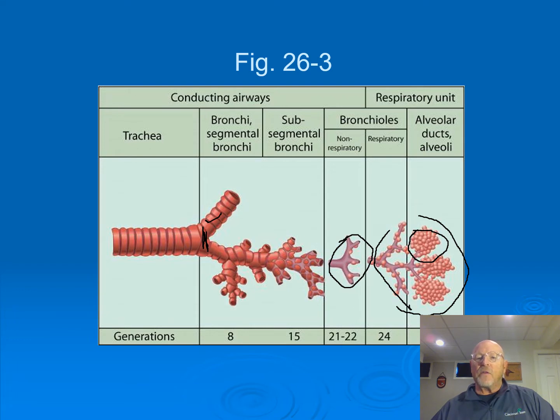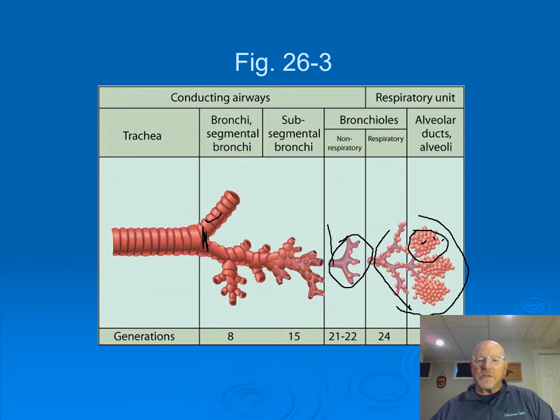Just how much surface area is that for gas exchange? Well, if we took the alveoli and sliced them and laid them flat, there's enough alveoli to cover the surface area of a tennis court. That is huge. That's a lot of surface area for participation in gas exchange.